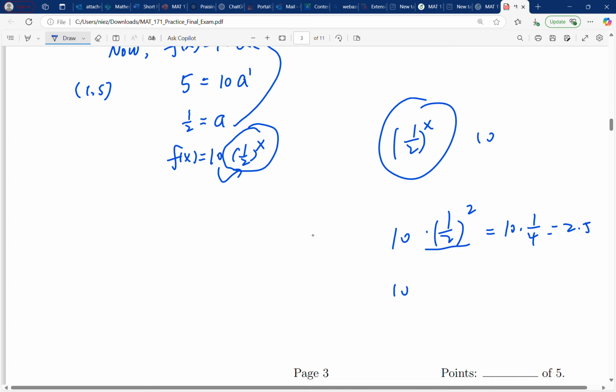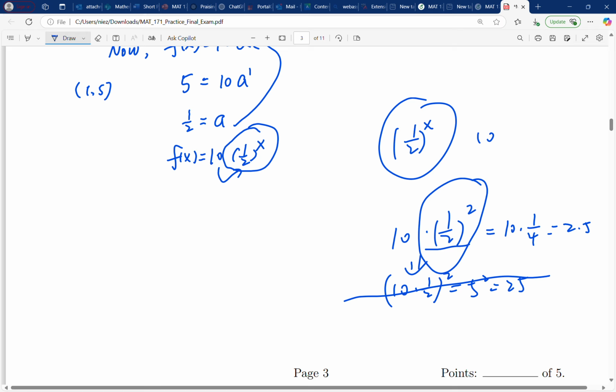But if you follow that other way, you do 10 times 1/2 first, and then square, you're going to get 5 squared, which is 25. You see, the two values are different, and one of them is wrong. This one is wrong. You need to do this one first.